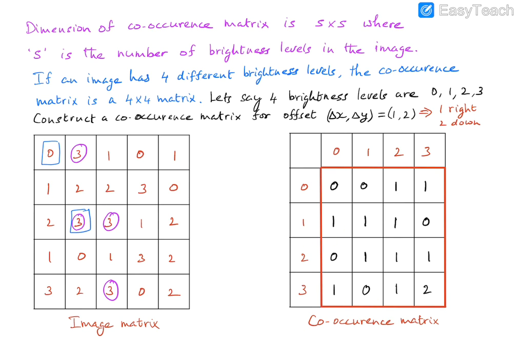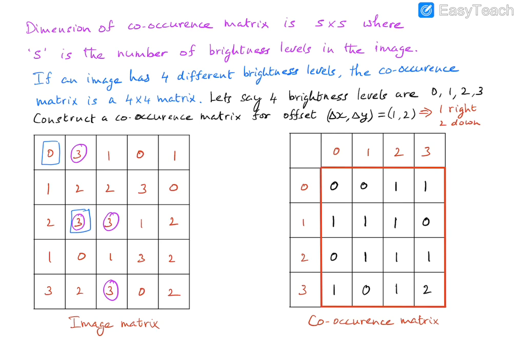So once we compute the co-occurrence matrix, this is used in image processing to analyze the texture of the images. Okay, so we have seen in this video what is a co-occurrence matrix and how to compute the co-occurrence matrix based on the spatial relationship between the pixel positions.